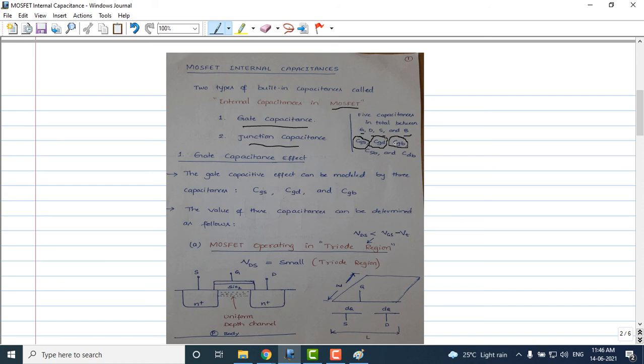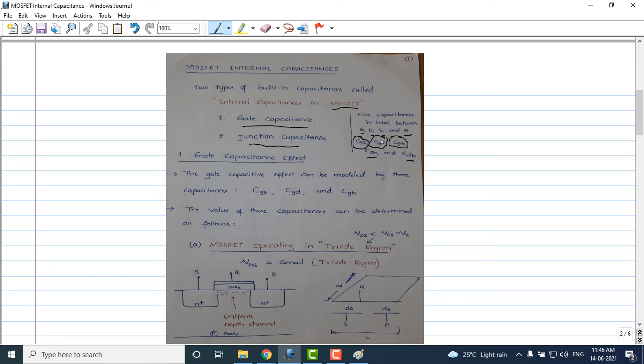So these are the 3 capacitances associated with the gate. The other capacitances associated with different terminals are CSB, the capacitance between the source and the bulk, and CDB, the capacitance between the drain and the bulk. Totally there are 5 capacitances.